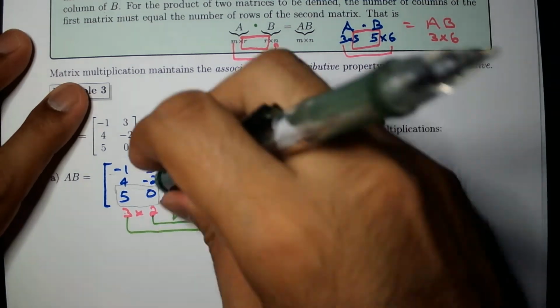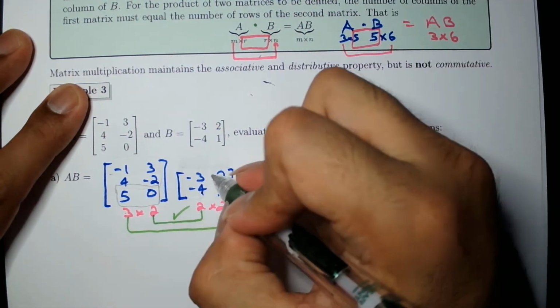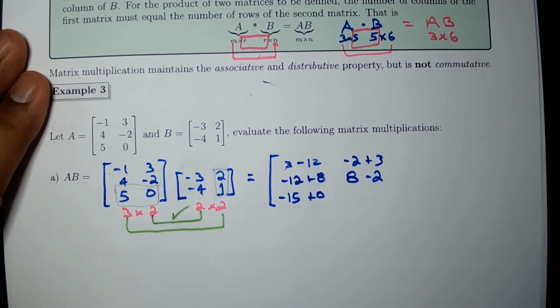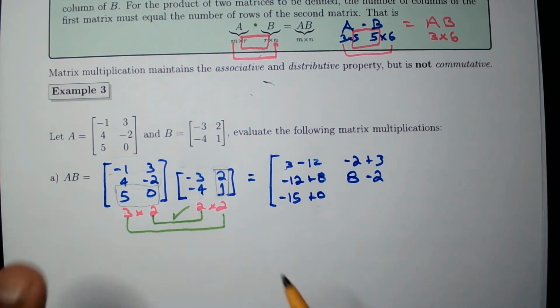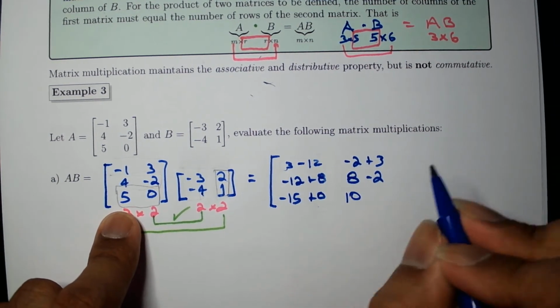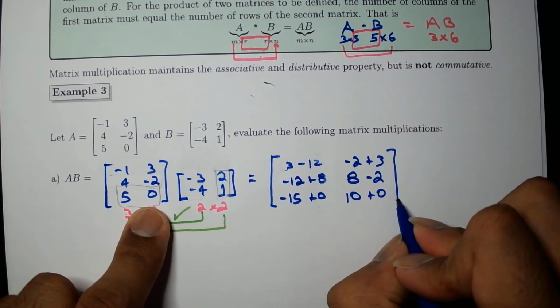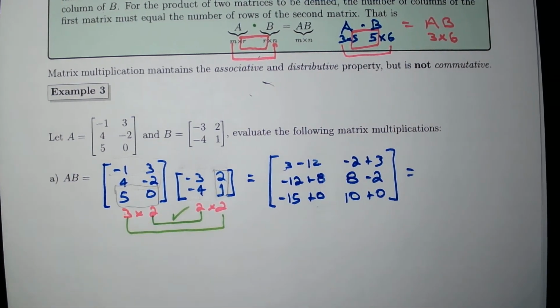Okay, let me erase this first box on the second matrix and let me box the second matrix. So we do 5 times 2, which is 10, and 0 times 1, which is 0. And all we do is add each component wise.